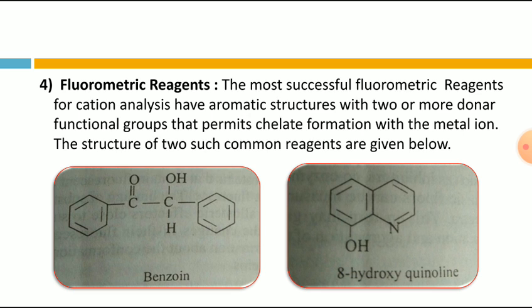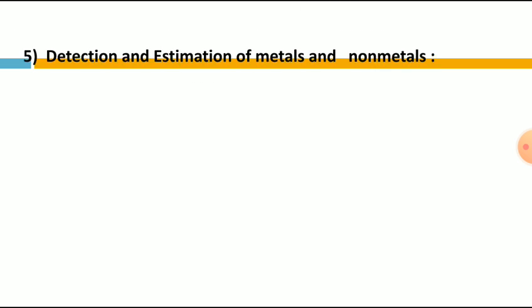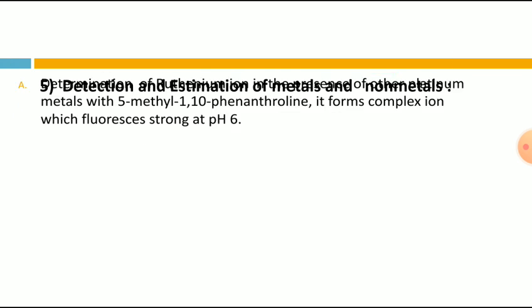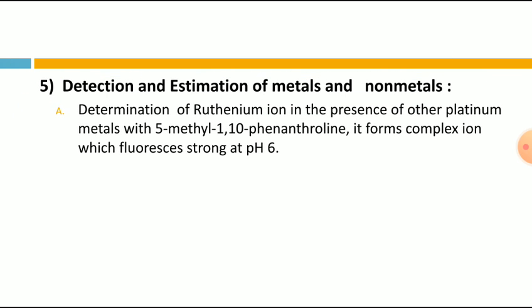Now the last application is the detection and estimation of metals and non-metals. All of you know metals and non-metals. The first part: determination of ruthenium ion in the presence of other platinum metals with 5-methyl-1,10-phenanthroline. It forms a complex ion which fluoresces strongly at pH 6. That means at pH 6 we can easily identify the ruthenium.